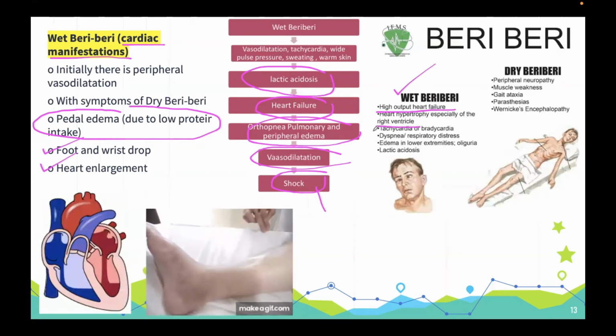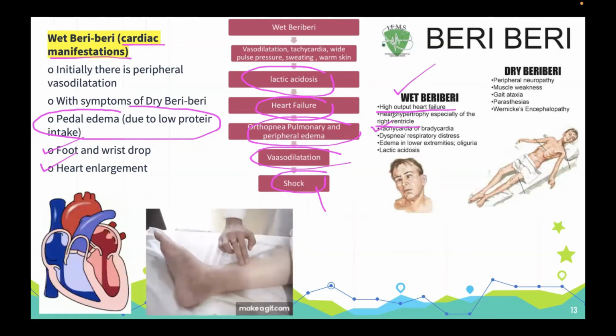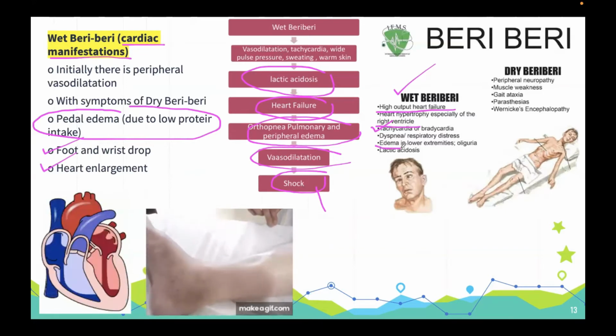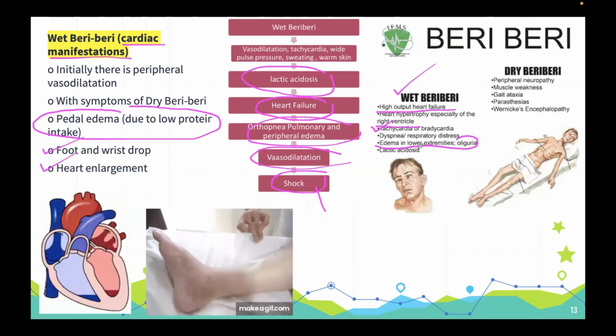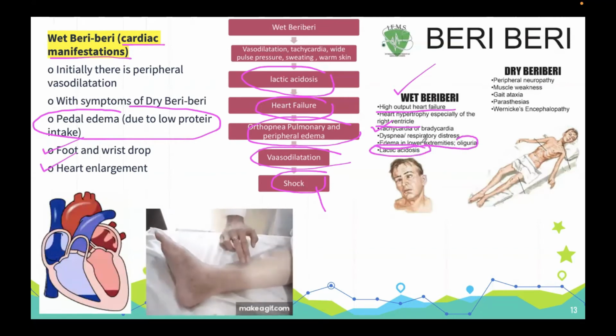Your tachycardia or your bradycardia, wet beriberi. Next, your dyspnea or your respiratory distress, wet beriberi pa rin po yan. And then yung binibigyan ko po ng emphasis kanina pa, si edema in the lower extremities and oliguria. And then yung lactic acidosis. Again, lactic acidosis because of the pyruvate dehydrogenase dysfunction.